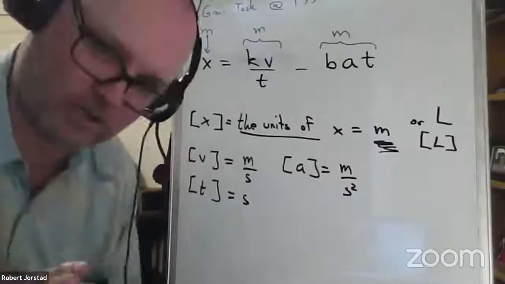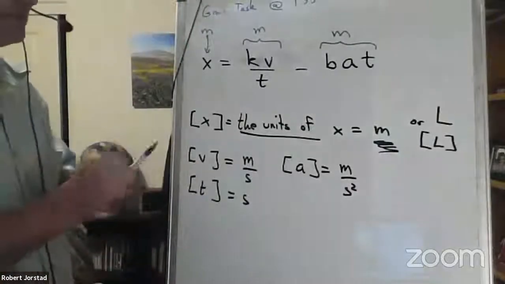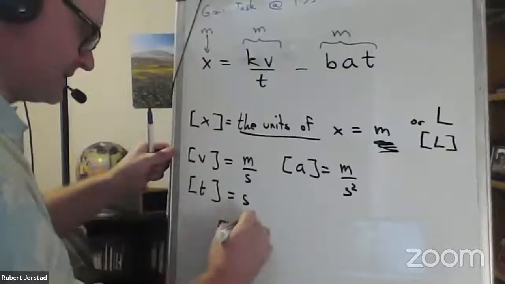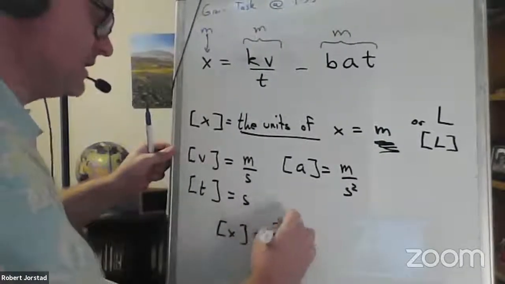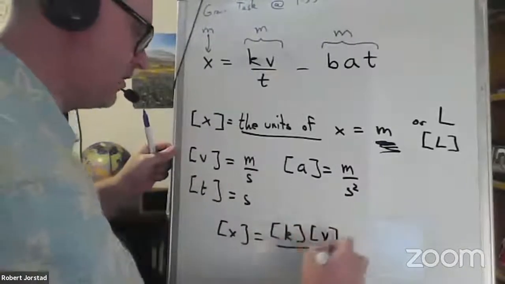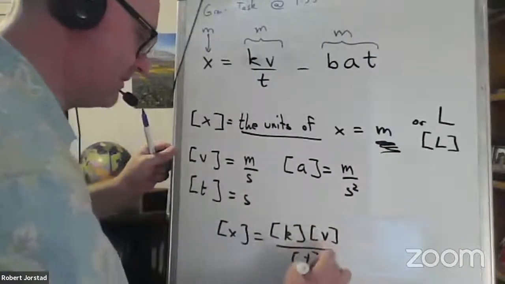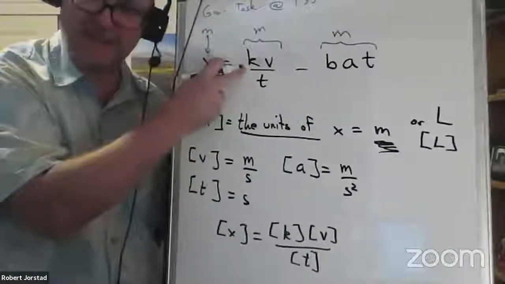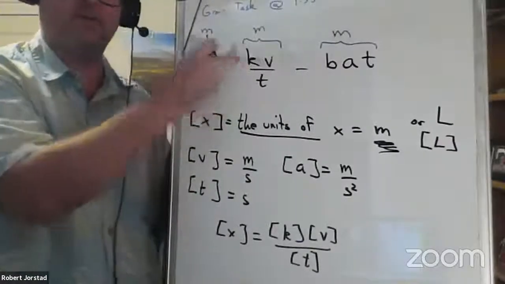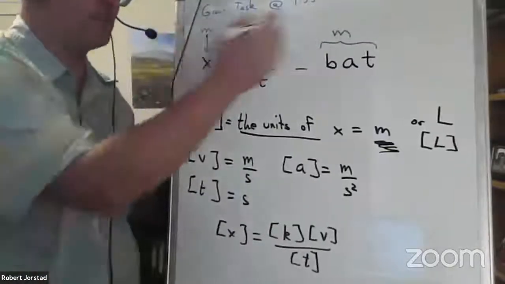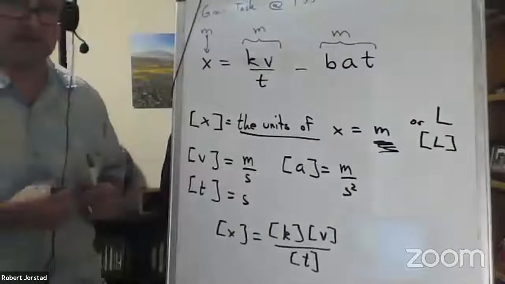and that saves us a lot of work. So here's what we do. We say, okay, the units of X have to equal the units of K times the units of V over the units of time. Rather than solving for K algebraically, we solve for the units of K algebraically, knowing that each separate term has to be of the correct unit.